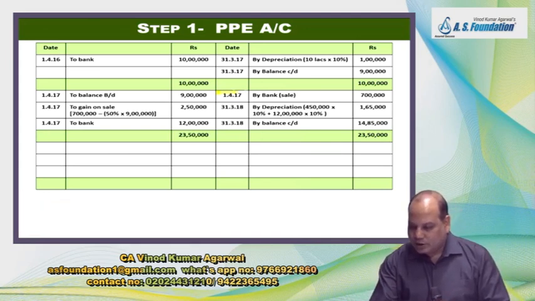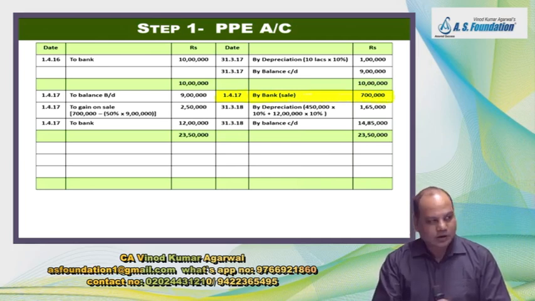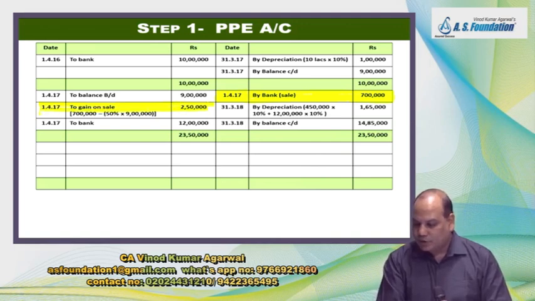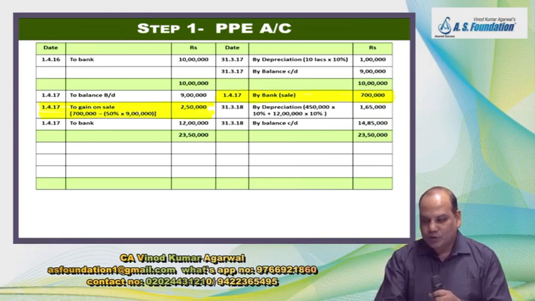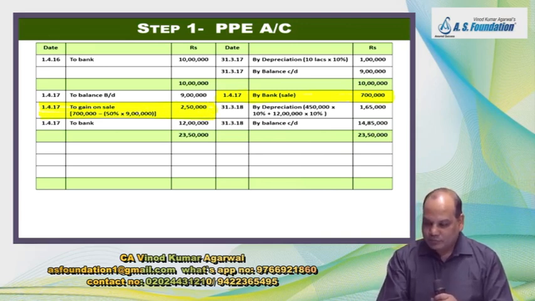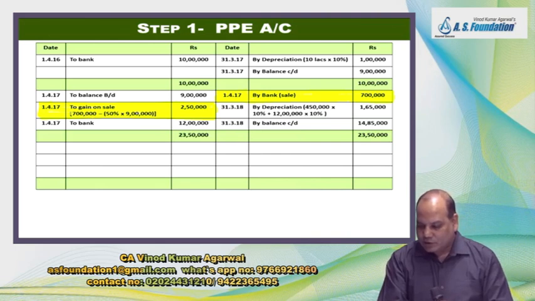Now understand on the screen, follow my instruction. First write down on the credit side, by bank, sale. What is the sale value? 7 lakh. Now on the debit side, write down to profit on sale. Now how do you compute it? See on the calculator. 7 lakh is my sale value.